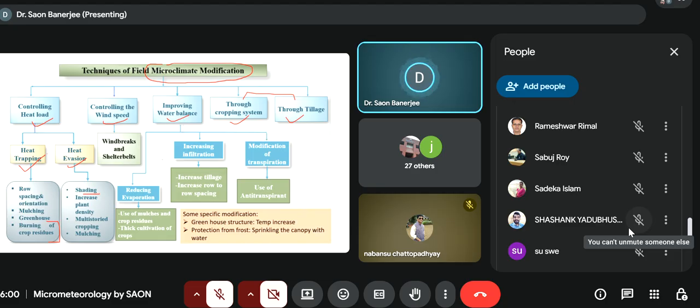Now water balance. Improve means all our input parameters must be changed in such a way that the positive balance will be more. So it should reduce the evaporation.